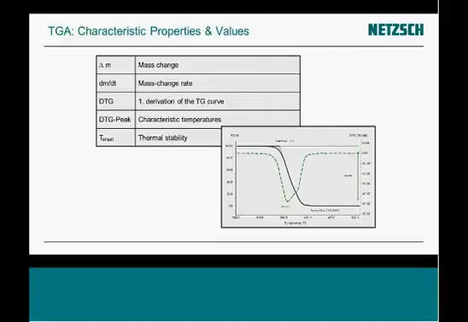Those DTG peaks show the characteristic temperatures for these mass loss steps, which can help to get more accurate temperatures for those mass losses. Also, the onset temperature in the TG curve can show you some information on thermal stability.